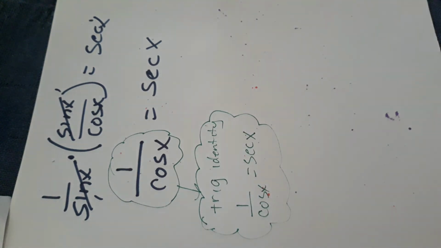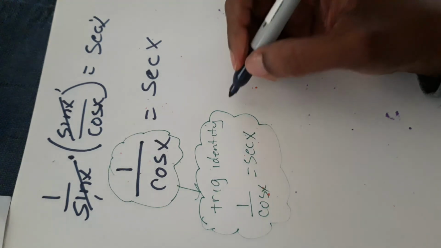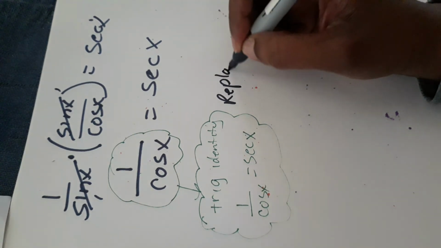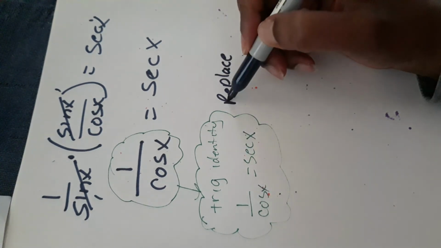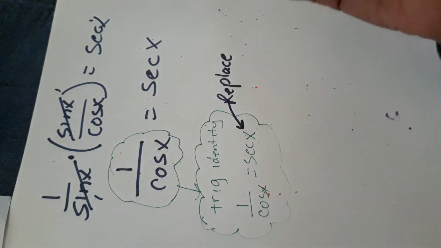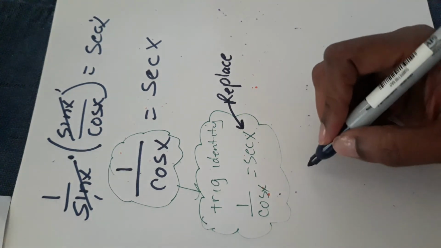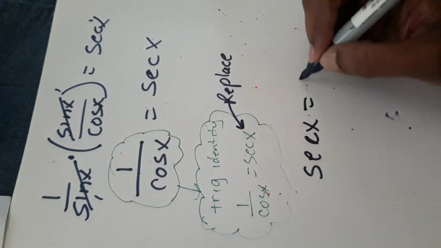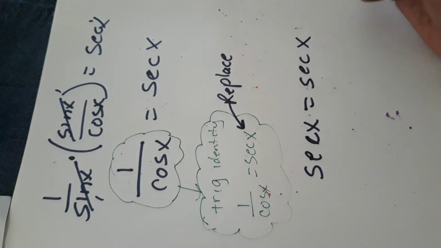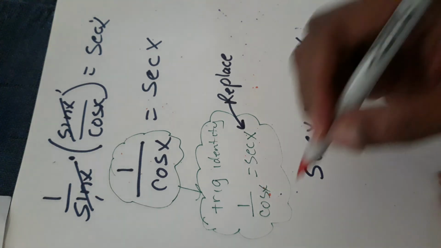So we're going to replace 1 over cosine x with secant. There you go. So now on this side we have secant x is equivalent to secant x. Awesome. So now we solved that problem. That's great. All done.